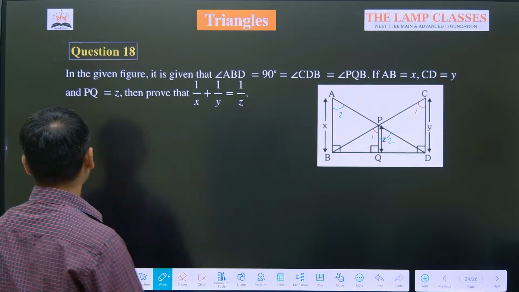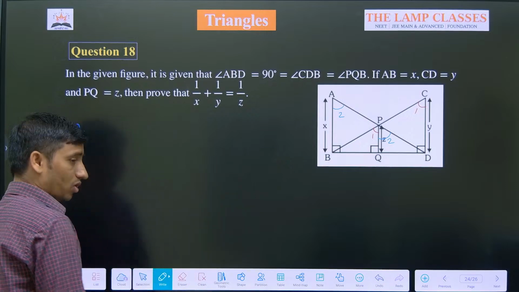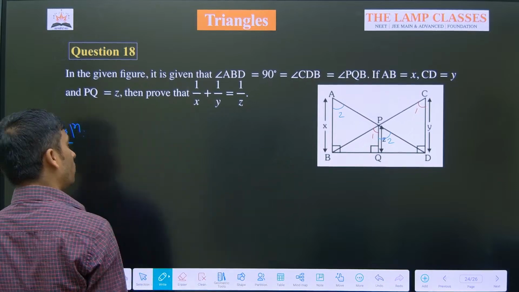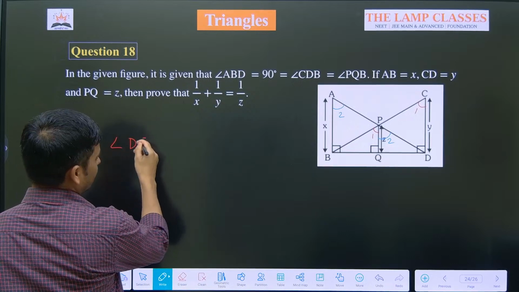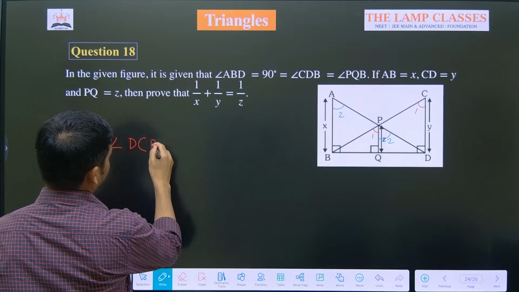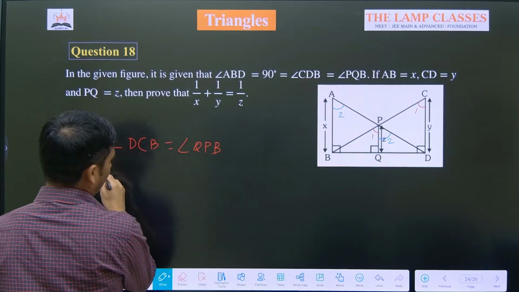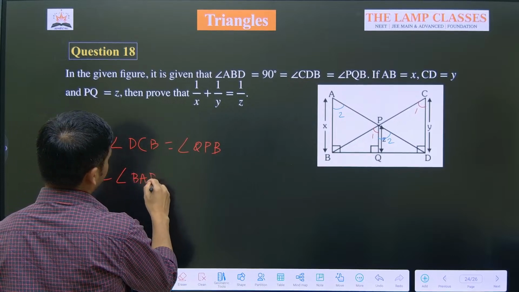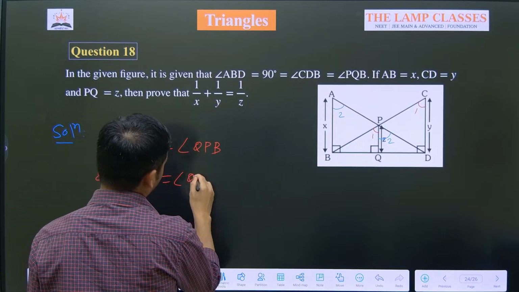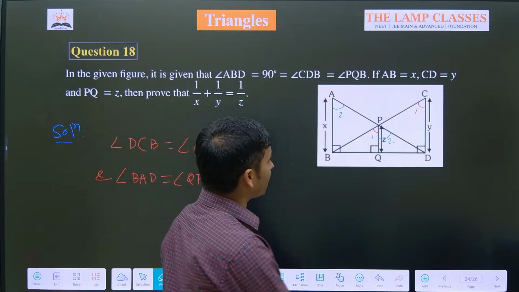In the explanation, you can write along with the diagram what's given and what to prove, and then in the proof part, you can say angle DCB is equal to angle QPB, and angle BAD should be equal to angle QPD. Why? They are corresponding angles, right?